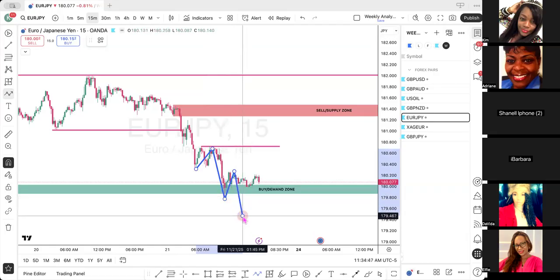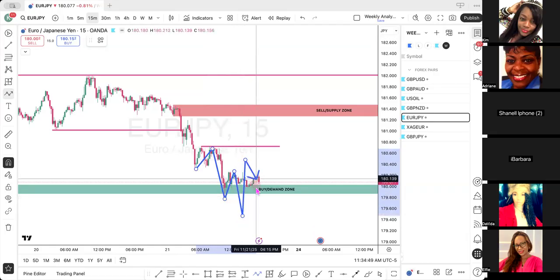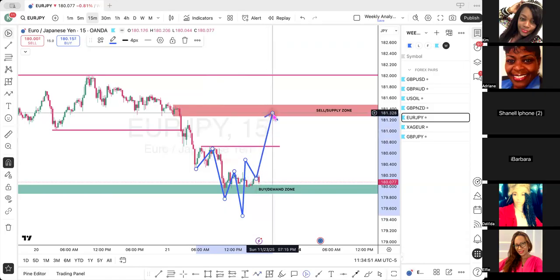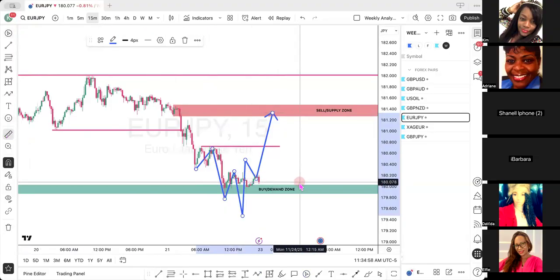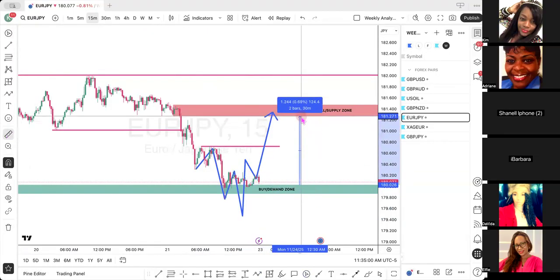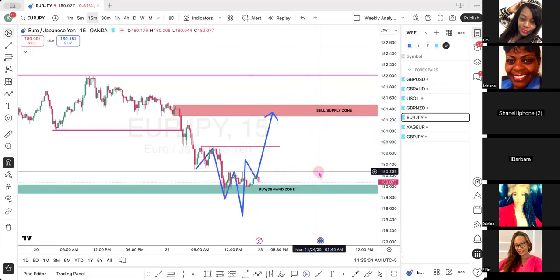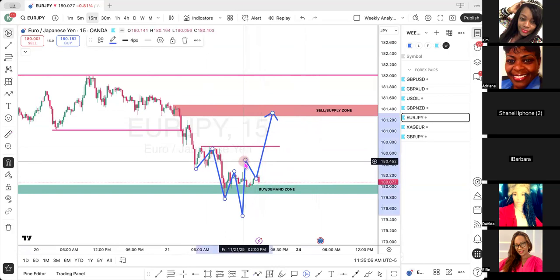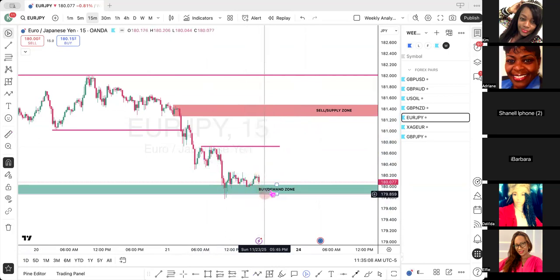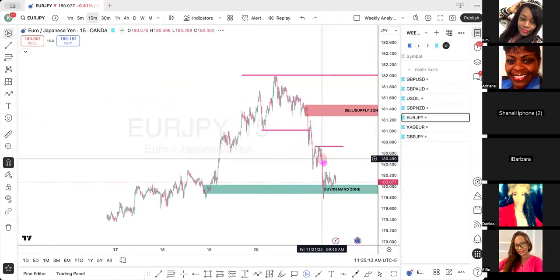If it breaks this low and then shifts structure, then I would say you can buy from there, which would be about 125 pips. But it's got to show you the structure first. All right, any questions on EJ?